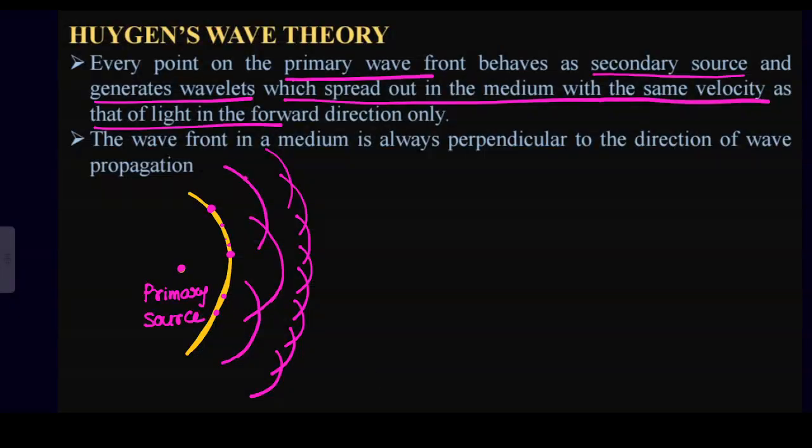This is the primary wavefront, and every point on the secondary wavefront will generate waves like this, and those waves will spread into the medium. In that manner, the light will propagate in this direction, and it keeps on happening like this.